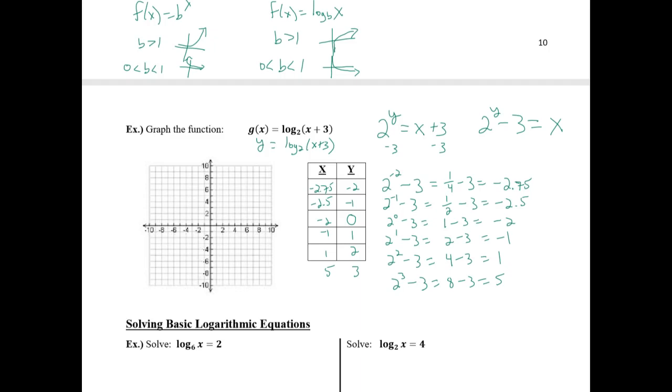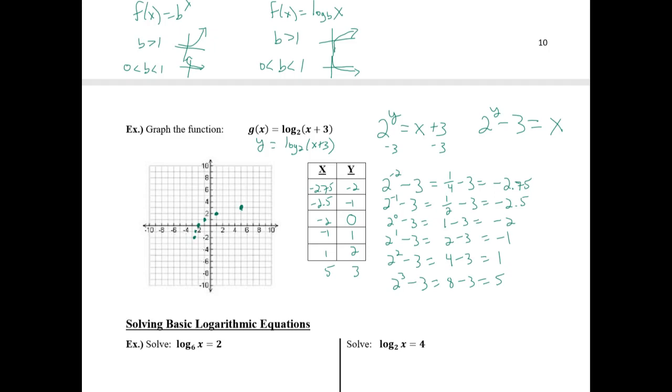Let's go ahead and plot those. So now I have negative 2.75 on the x-axis and negative 2 on the y. Then negative 2.5, negative 1, and then negative 2, 0, negative 1, 1, 1, positive 2, and 5, positive 3.